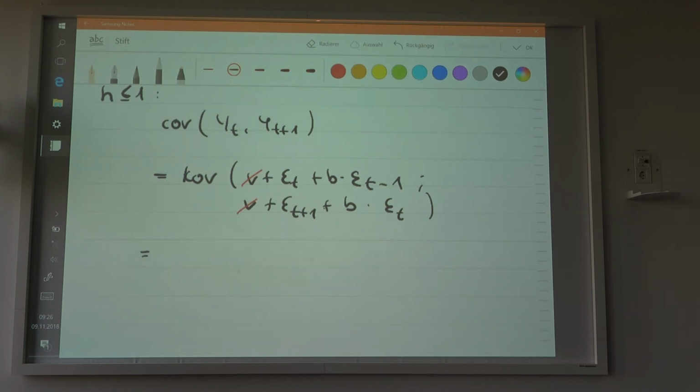So this is going to be the covariance of epsilon_t and b times epsilon_t, and that's going to be it.